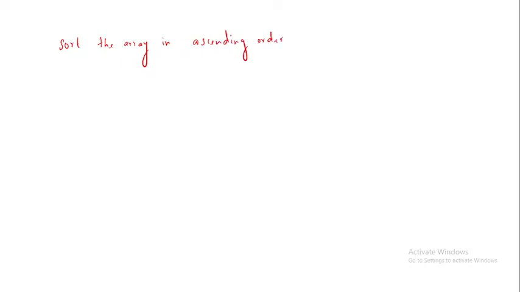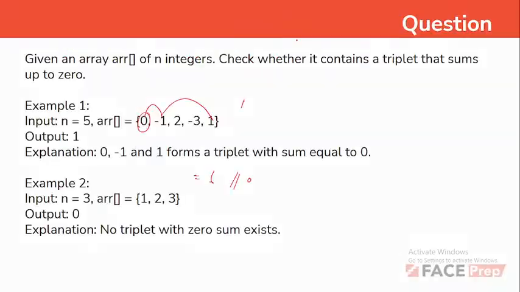So if I sort it in ascending order, how will it be? -3, then -1, then 0, then 1 and 2. So this is the ascending order of these elements, right?